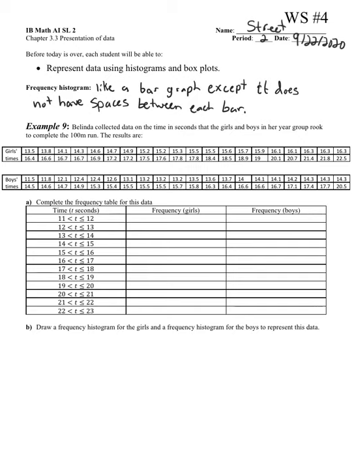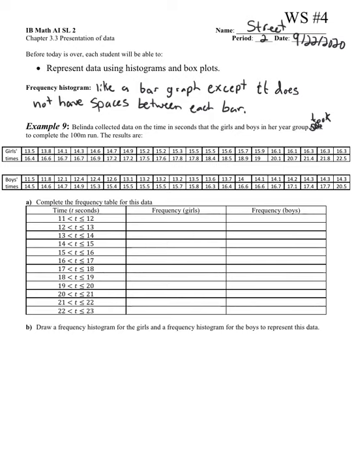Okay, so what we're going to do first today is take this data. Belinda collected all this data for us for girls and boys. It should be the group took, sorry, my typing, to complete a 100-meter run.